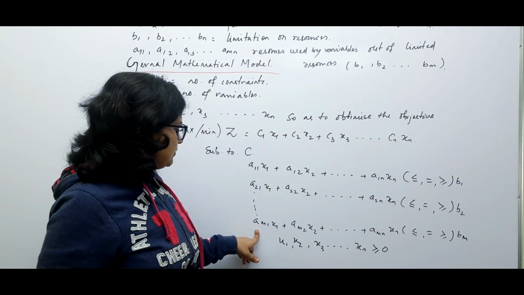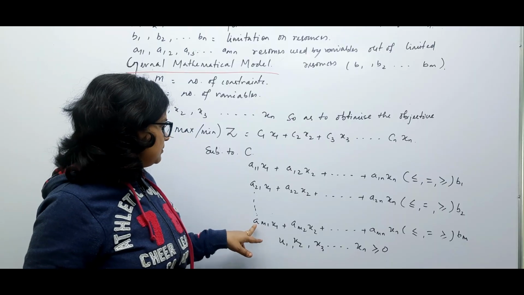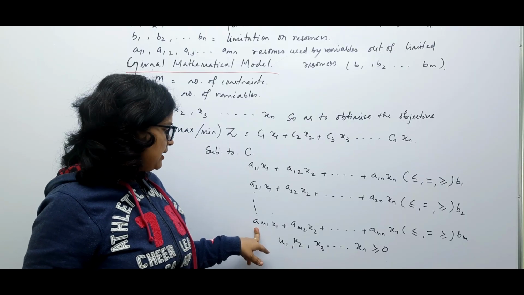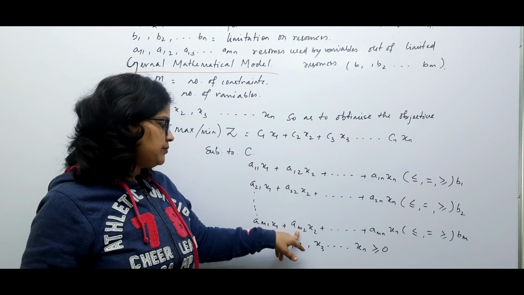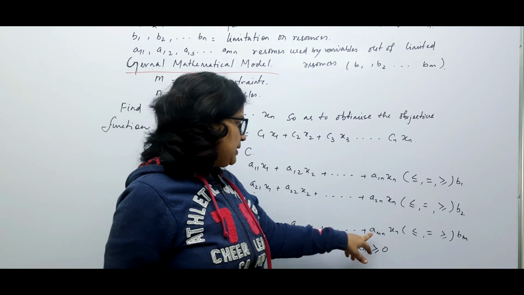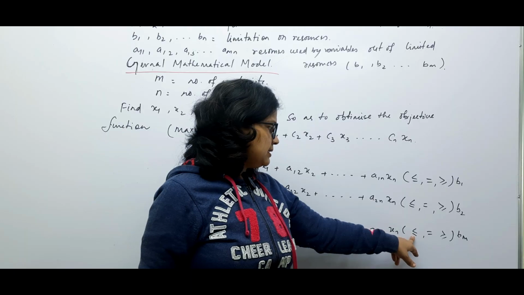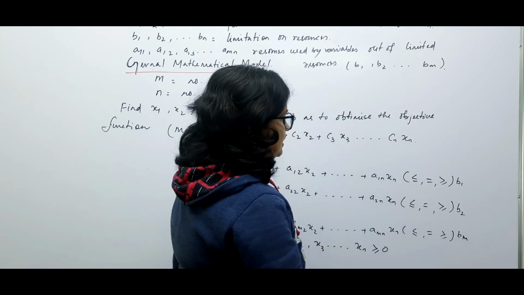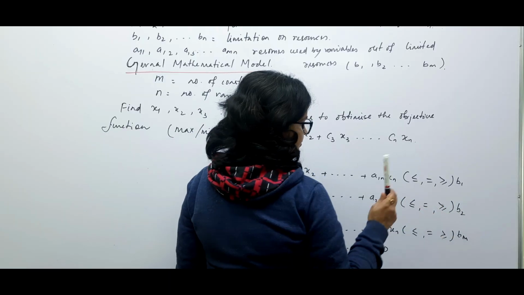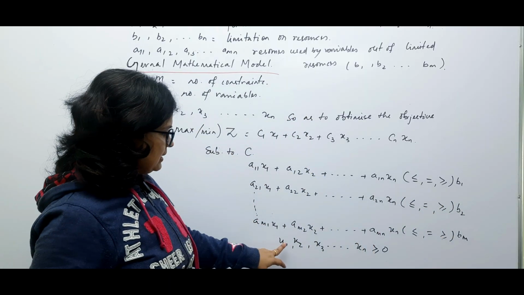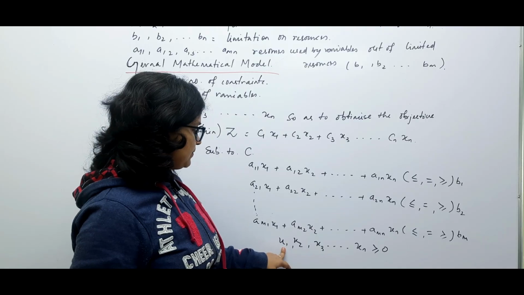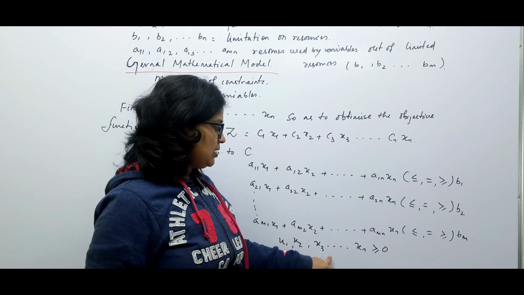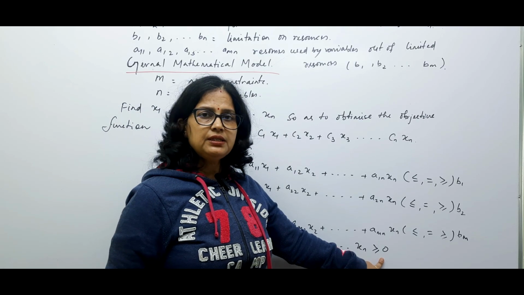So this is our subject to constraints: am1 x1 plus am2 x2 plus amn xn less than or equal to, or greater than or equal to bm. These are our use of resources, and we have to express that x1, x2, x3 up to xn should be greater than or equal to 0.